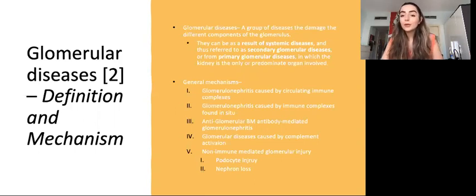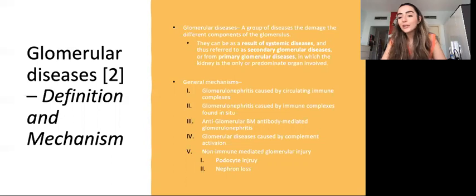Then we have glomerulonephritis, which is caused by immune complexes found in situ. So you have deposition of antibodies against intrinsic or planted antigens in the glomerulus, as it appears in membranous nephropathy, which we will see in a minute. Then we have anti-glomerular basement membrane antibody-mediated glomerulonephritis.